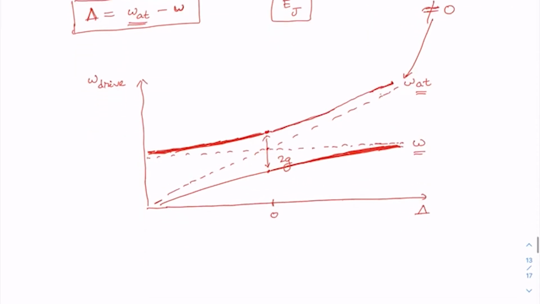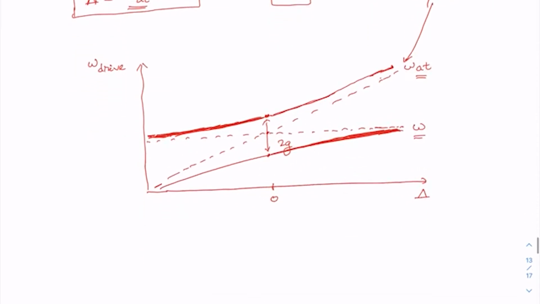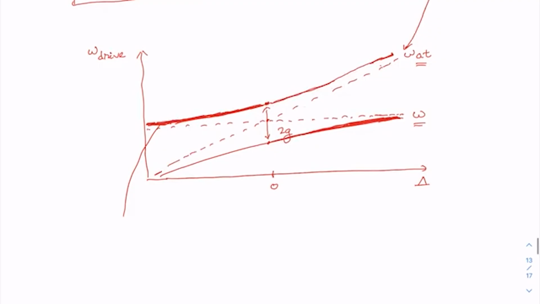Now another thing is, what about the dispersive case that we discussed? As you see from this plot as well as this plot, in the dispersive cases we are away from resonance. Here the omega drive frequency is not exactly matching the bare cavity frequency, and it differs from the bare cavity frequency by z square by delta.